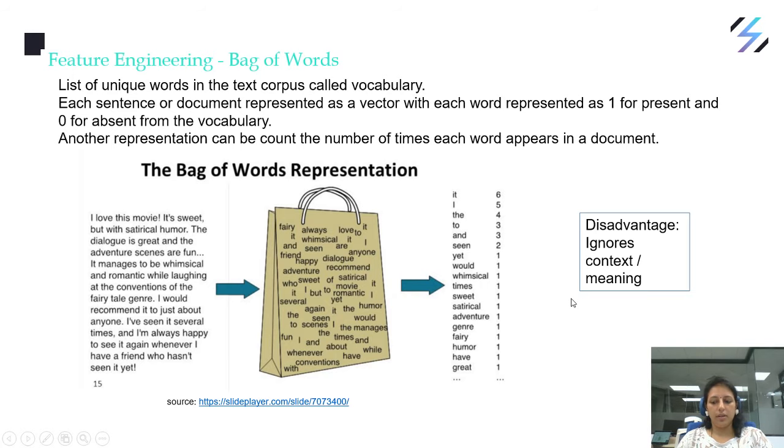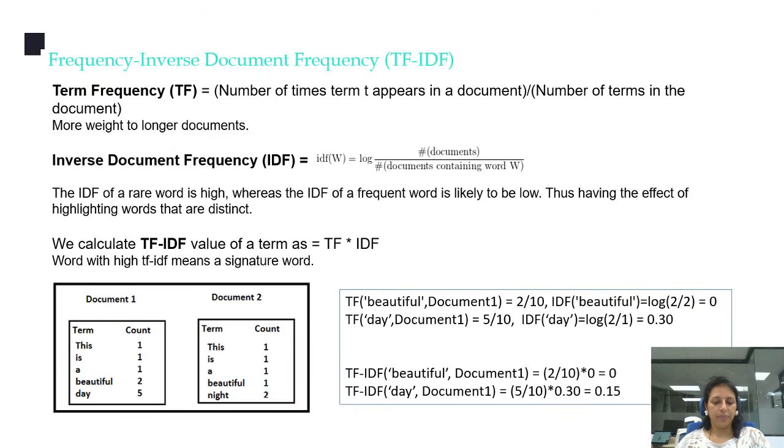So one method of doing the Bag of Words is term frequency inverse document frequency. So TF-IDF, what it means. Let me explain this with a simple example. TF is the number of times a particular word appears in a document divided by the number of terms in the document.